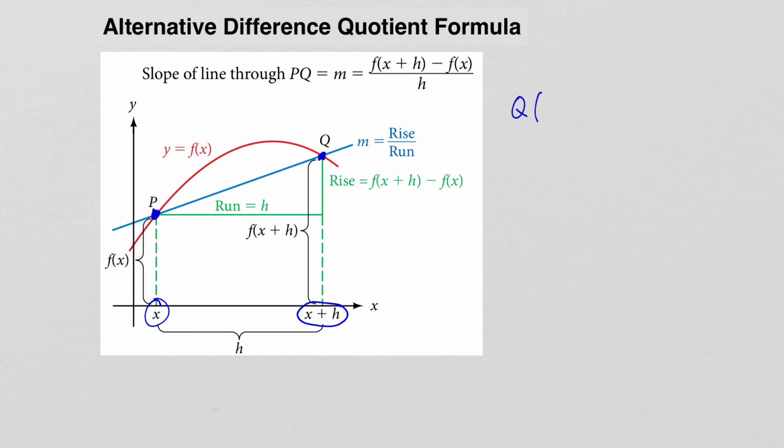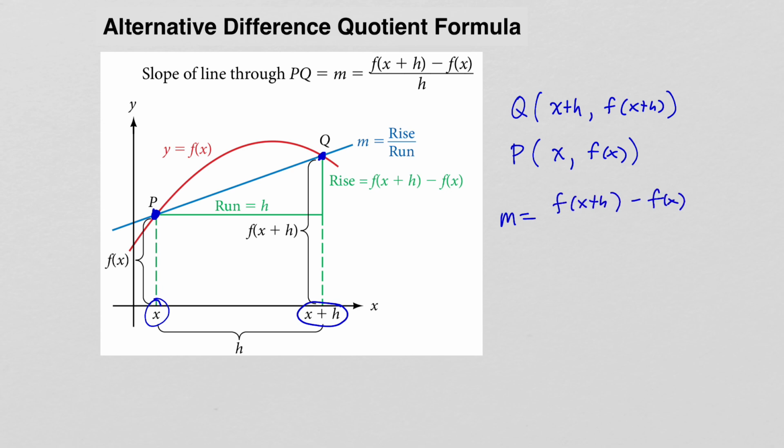So point Q has coordinates x plus h, f of x, and point P has coordinates x, f of x. And so the difference quotient is going to be f of x plus h minus f of x.